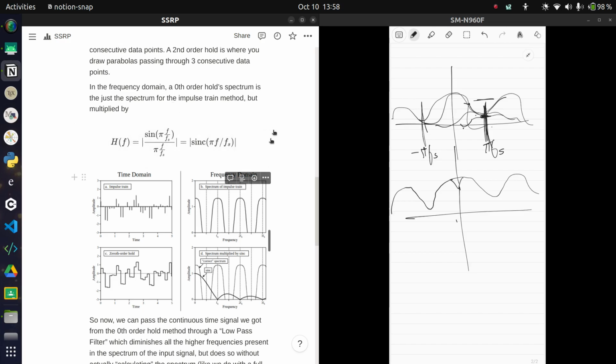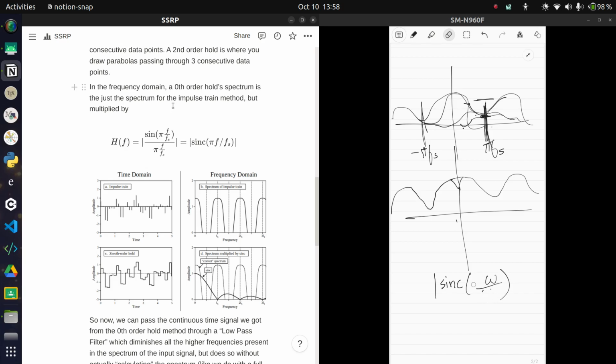For a zeroth order hold, you still get the same spectrum, right? Your DTFT and CTFT still match, except that the spectrum you were getting from the impulse train, you have that multiplied by this function. It's sinc of pi f upon f sub s, and if you want to write it in terms of omega, it will be the sinc of pi omega upon omega sub sampling, which is 2 pi fs.